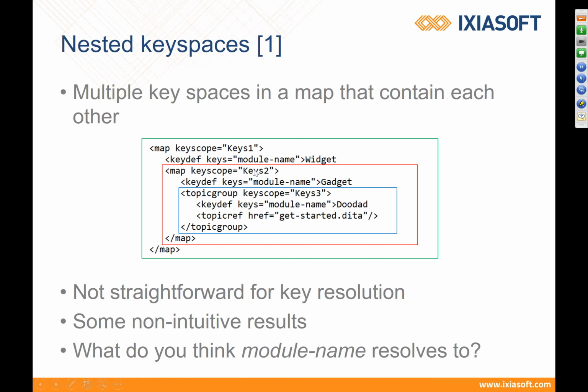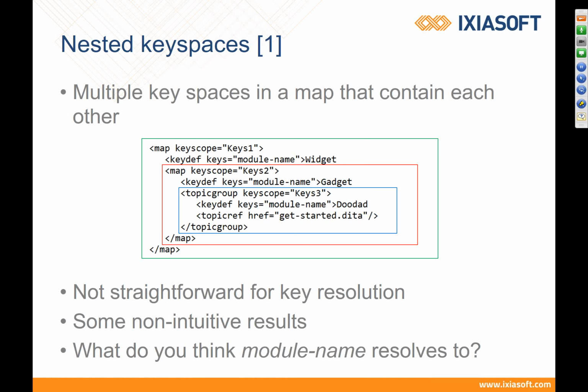So keys 1 contains keys 2, which contains keys 3. And the module name key is defined in all three of these key spaces with three different definitions. This is not straightforward for key resolution. The results can be non-intuitive.